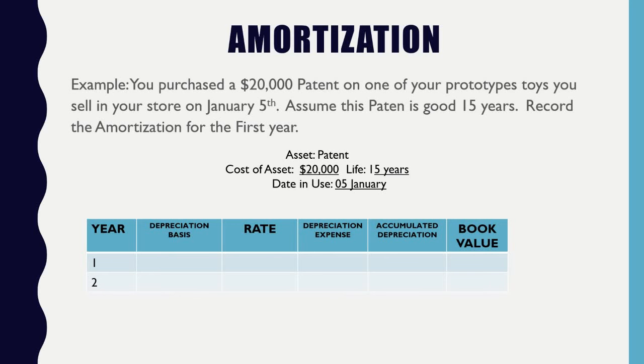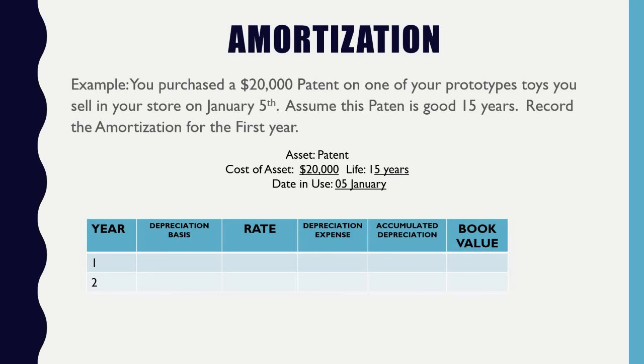So let's go ahead and solve for the depreciation basis here. Okay, so what's the depreciation basis going to be? We're going to treat it as if it's straight line. The depreciation basis is $20,000.